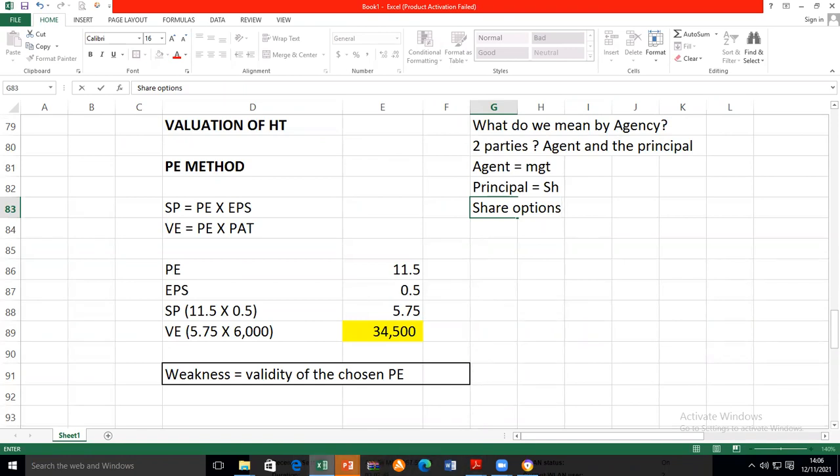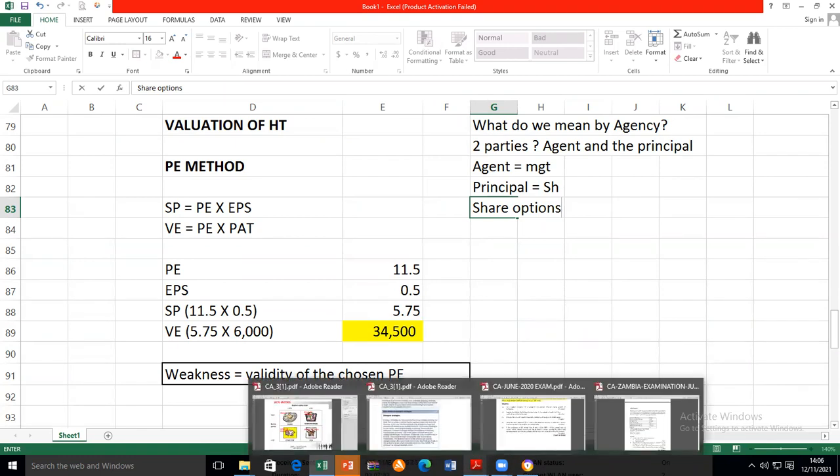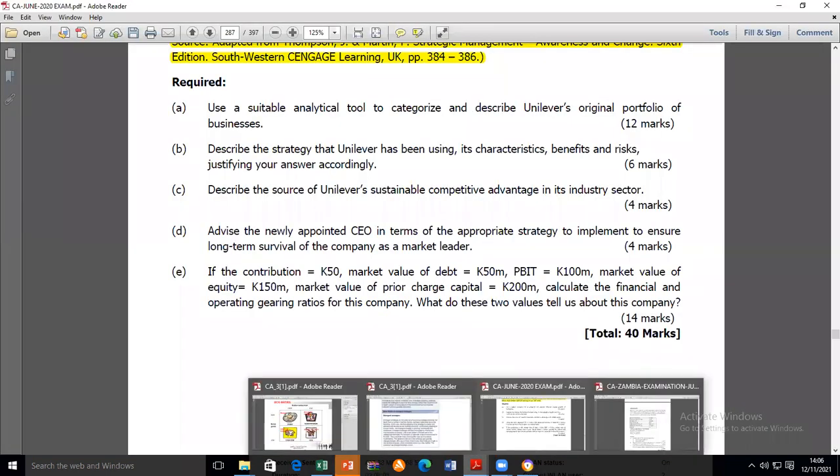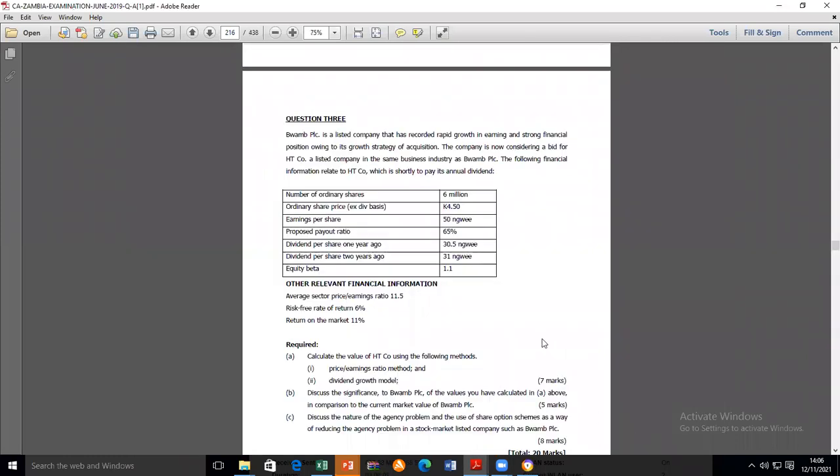Okay, so that was our second question there, which was based on the concept of valuation. Are there any questions?